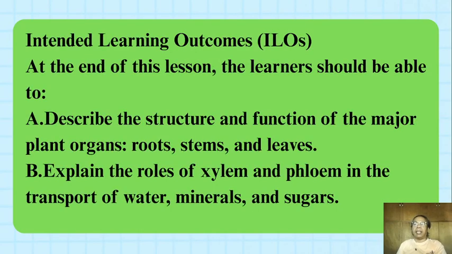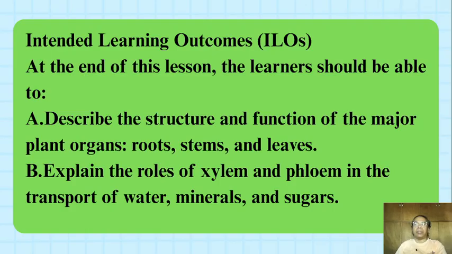Our intended learning outcomes. At the end of this lesson, the learner should be able to: A. Describe the structure and function of the major plant organs: roots, stems, and leaves.